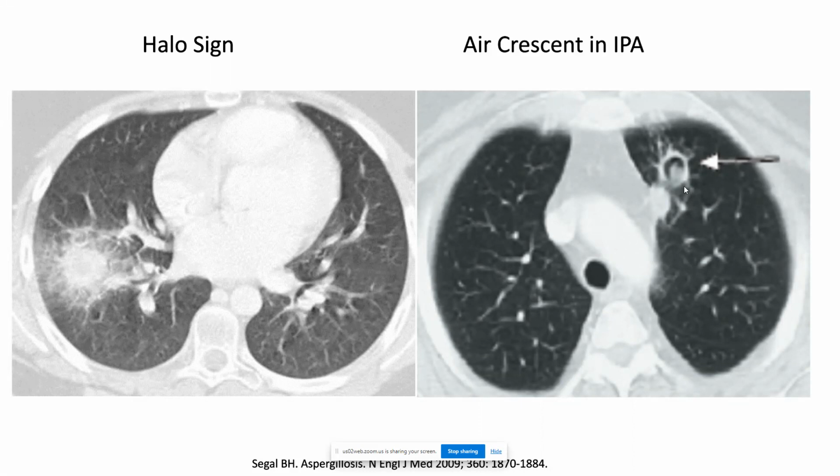It's not an aspergilloma, unless there was a pre-existing cavity. If this is new, it's all new, and no pre-existing cavity, then I worry it's more of an invasive. And usually the clinical context will tell you that too. But that's the air crescent sign, this little crescent rim of air. That is not pathognomonic for IPA, but when you see that, you should think of it.